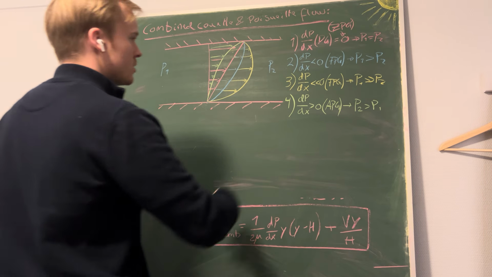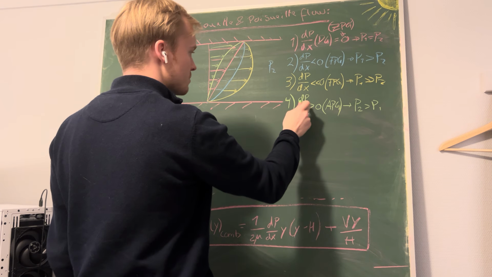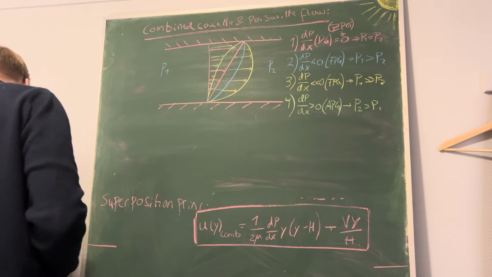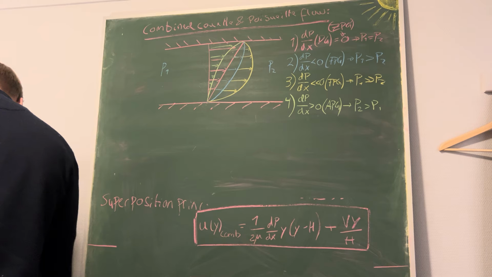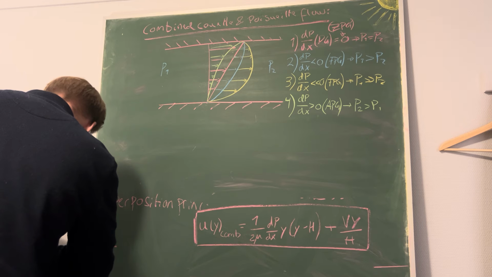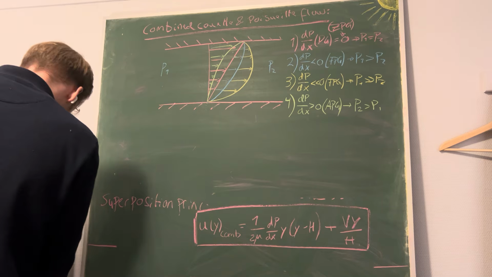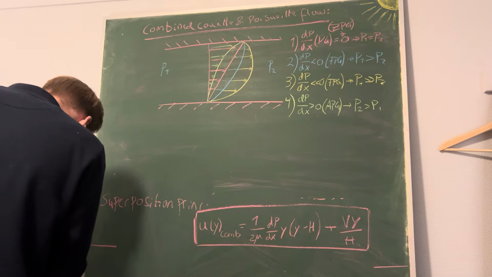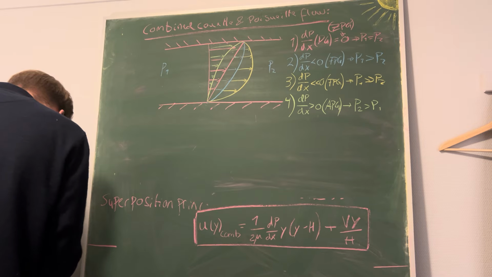Okay, so now we should also see what happens if dP/dx is much bigger than 0. So let's do that. Let's try to find a fitting color for this one as well. Let's see if I do have any more colors.